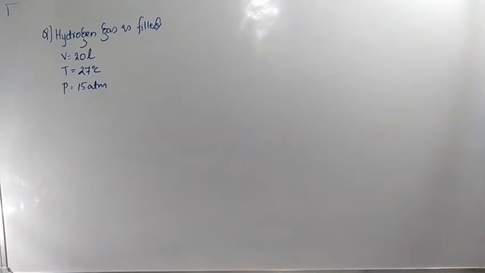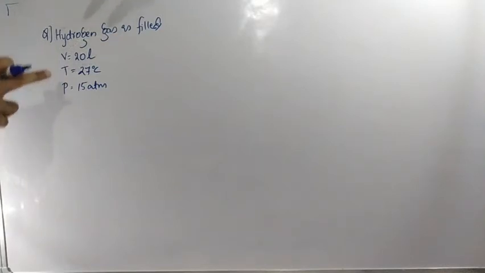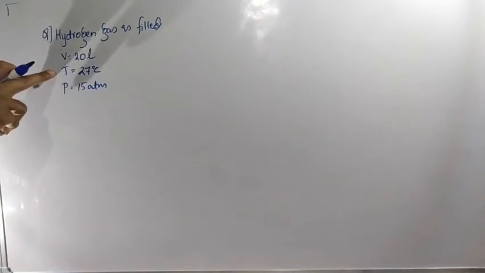Listen, I will read out the question. Hydrogen gas is filled in a container. It has 20 liters of volume at a temperature of 27 degrees Celsius and a pressure of 15 atmospheric. Then when some hydrogen gas is taken out from the container, the pressure reduces to 10 atmospheric and temperature decreases to 17 degrees Celsius.